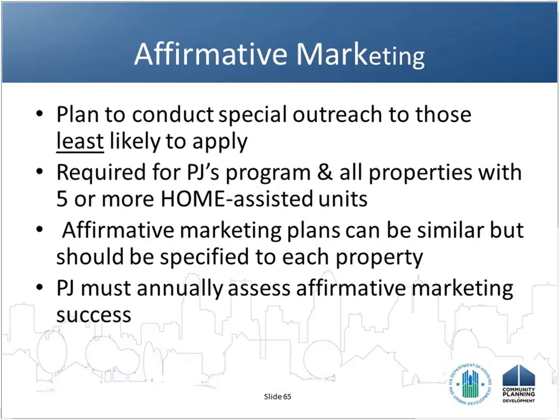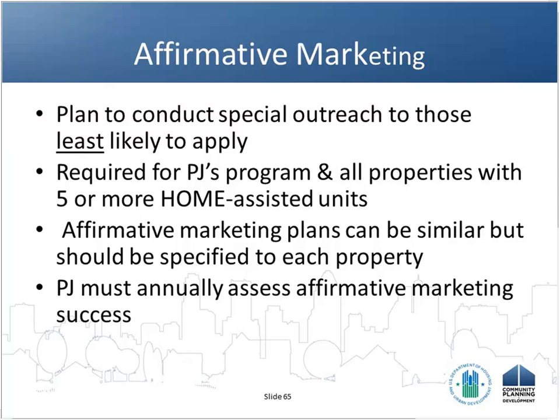So each PJ is required to have an affirmative marketing plan, and that would be adopted by the PJ and would lay out the actions that would be taken for all of the marketing of not only their programs, but also for availability of affordable housing units. And so all projects will be following the PJ's affirmative marketing plan.